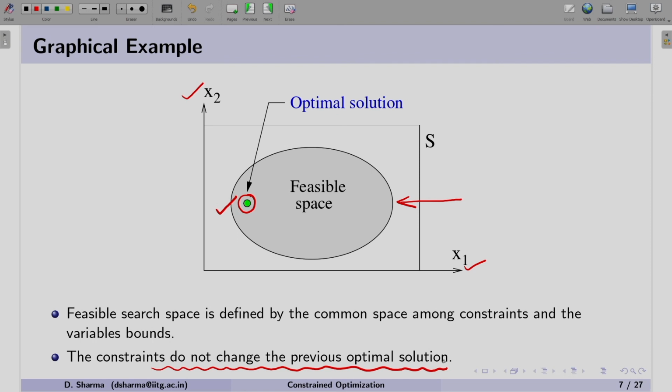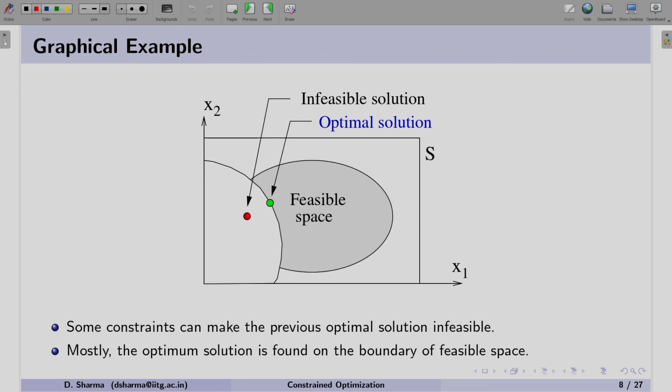So, in that case we can understand that even if there are constraints in the problem, the optimum solution remains the same as we found without those constraints. So, with the help of variable bounds only, we can locate where the optima is. Look at the third situation, which is generally the case, where we have one constraint.